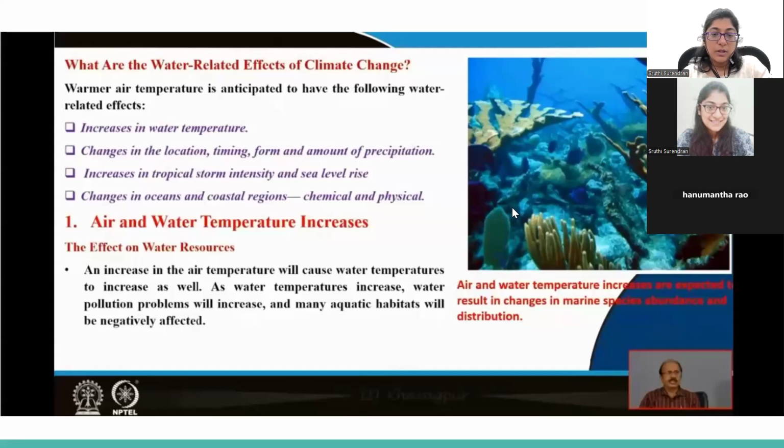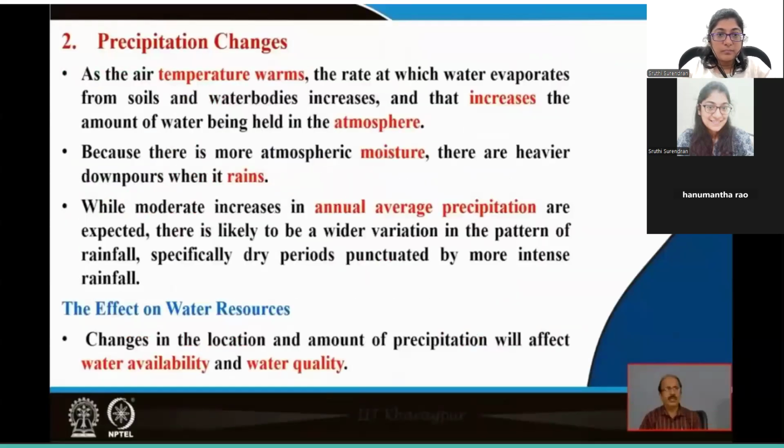Again, let's look into what the precipitation or rainfall changes are that are occurring. As the temperature warms, the rate at which water evaporates from water bodies as well as soil is going to increase. So the amount of water vapor present in the atmosphere is going to be higher. Since there is a lot of atmospheric pressure, this moisture should come down onto the earth's surface in the form of rain.